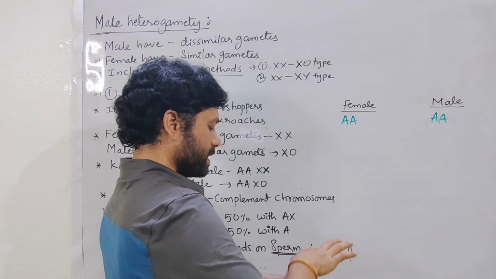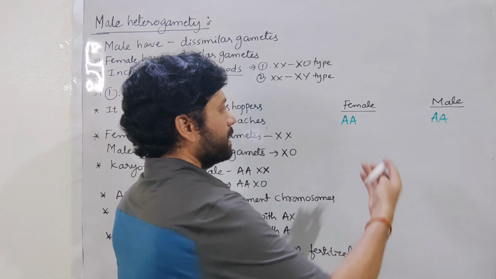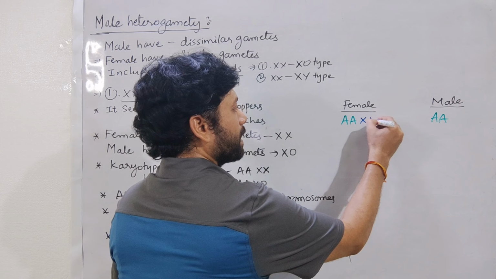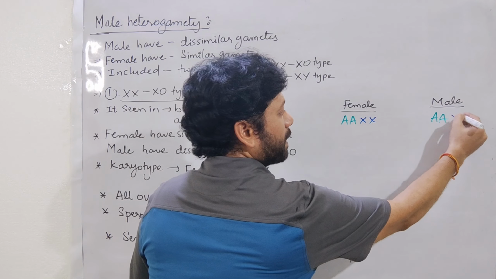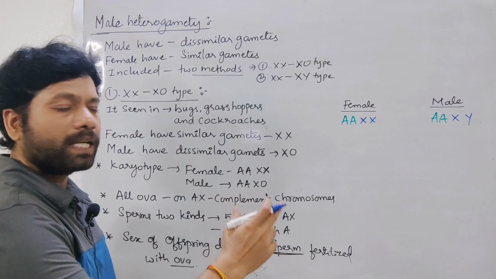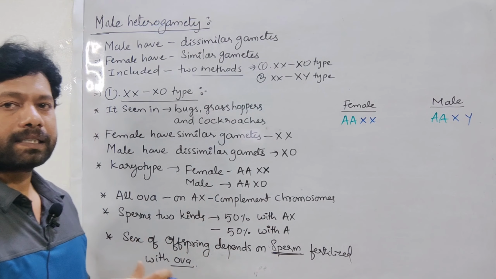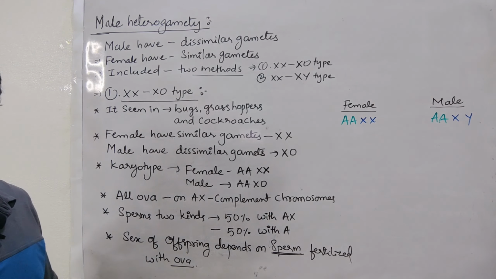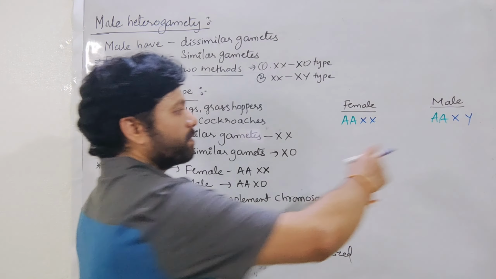And the next one: X, and here X, Y. Now the female is AAXX and the male is AAXY. Sorry, in the other case only one is O.